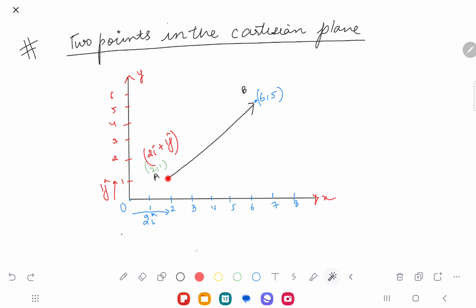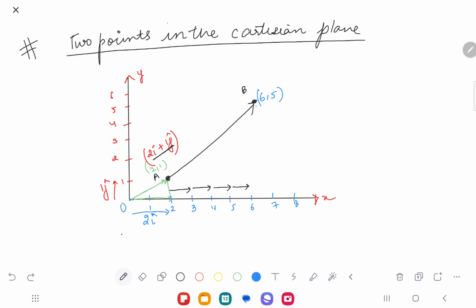Yes, ma'am. That basically means if we are completing the triangle right here like this, I will be reaching point A. So the point A shall become 2 i cap plus 1 j cap. Now, to reach from point A to point B, you tell me how many steps forward you need to move. 1 i cap, 2 i cap, 3 i cap, 4 i cap. Yes or no?